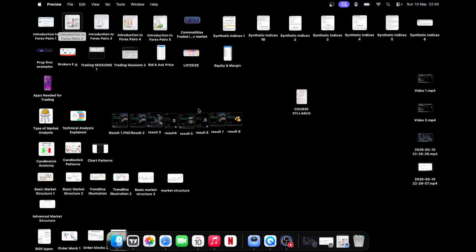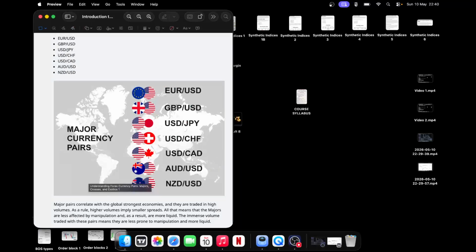I've been talking about pairs. A pair means that you are combining one country's currency with another currency. For example, this Euro USD is a forex pair. Now there's something called quotes, currency quotes.